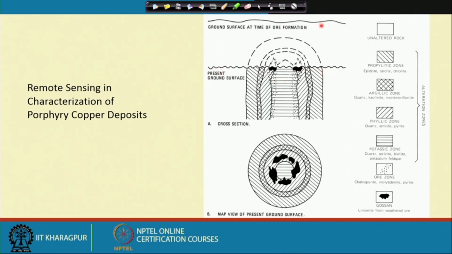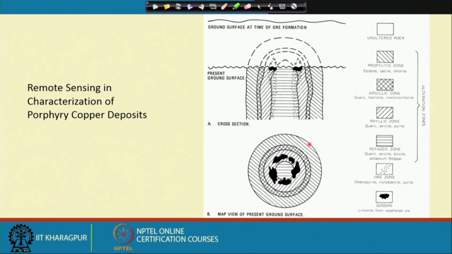This is the ground surface at the time of the ore formation, this is the present ground surface, and this is the propylitic zone, this is the argillic zone, this is the phyllic and the core zone, which, if we look at it in plan view, would look as if they could be identified. We know their characteristic minerals like mica, sericite, or kaolinite in the argillic zone, or alunite in the advanced argillic zone. So, here is the symbol as it shows here.